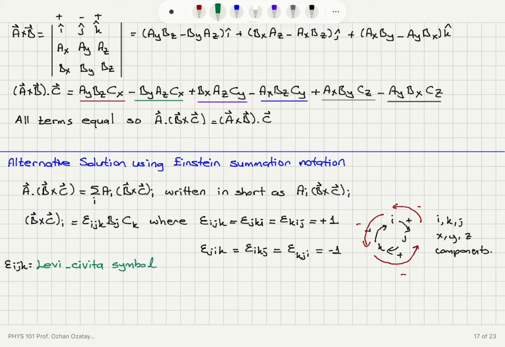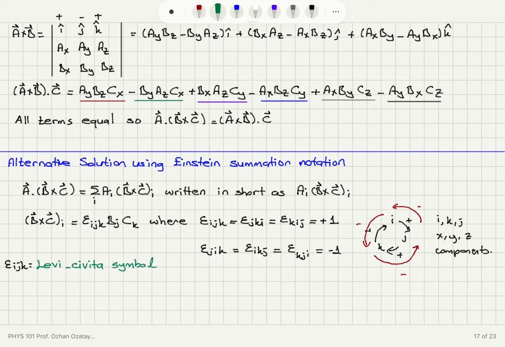So that gives us a nice way of writing A dot B cross C. A dot B cross C is the ith component of A, and the ith component of B cross C, which is epsilon ijk bj ck. So this is epsilon ijk ai bj ck.